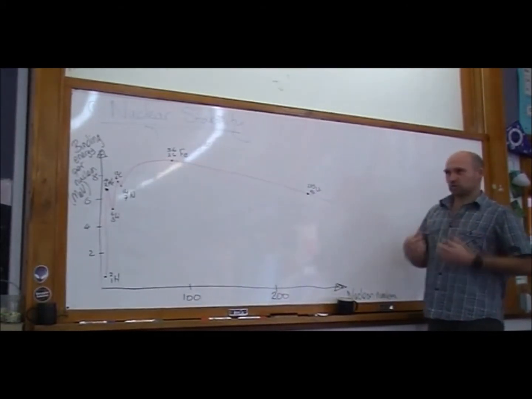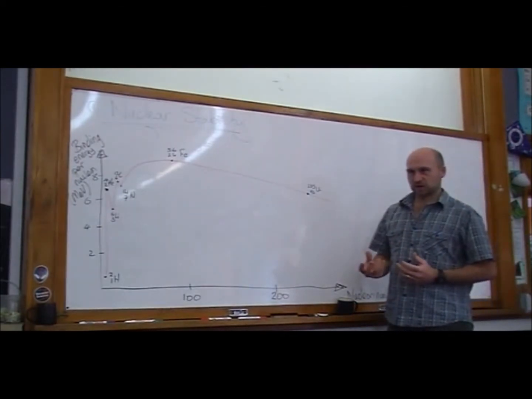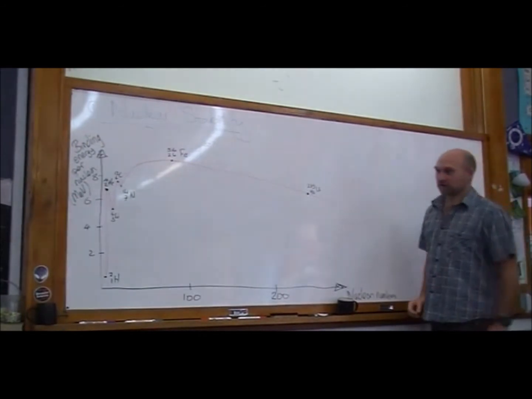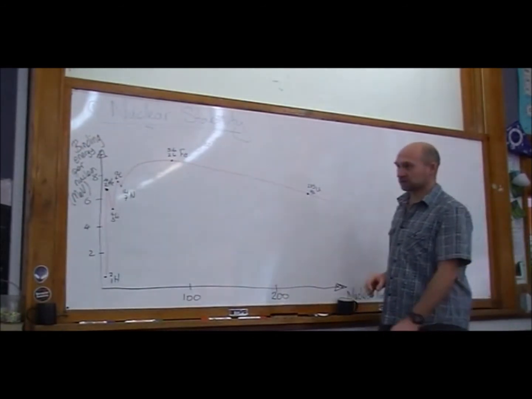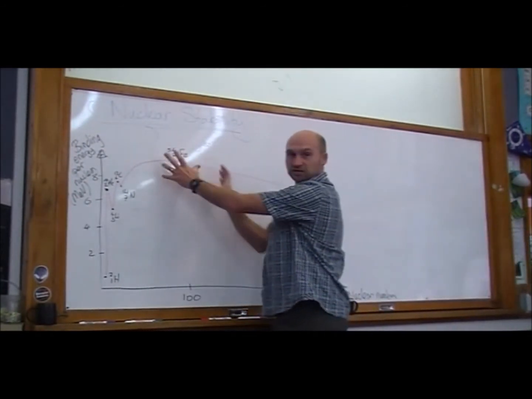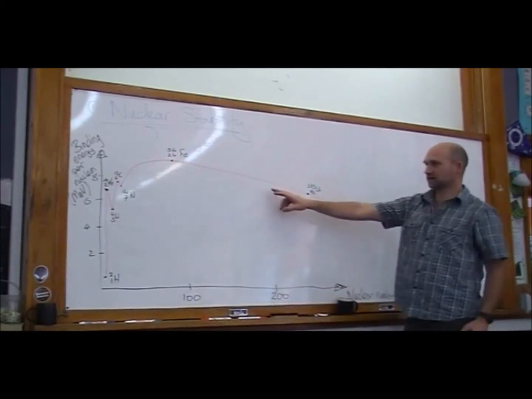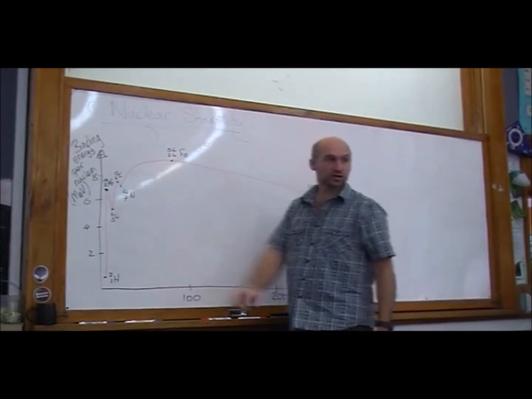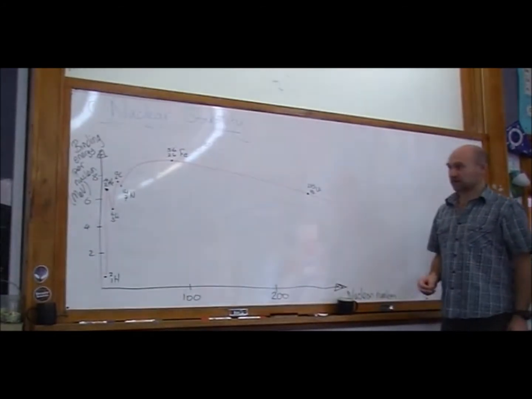The more energy that we need to do that, the more stable the nucleus is. So we can see a peak of stability in the middle, and as we move away from that peak to larger nuclei and smaller nuclei, they're less stable.